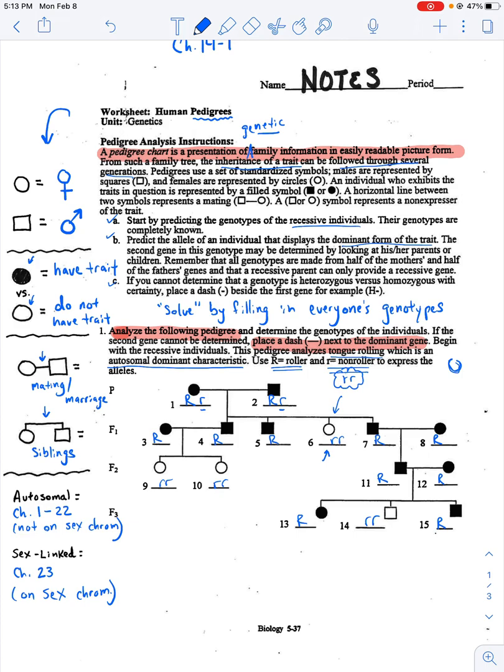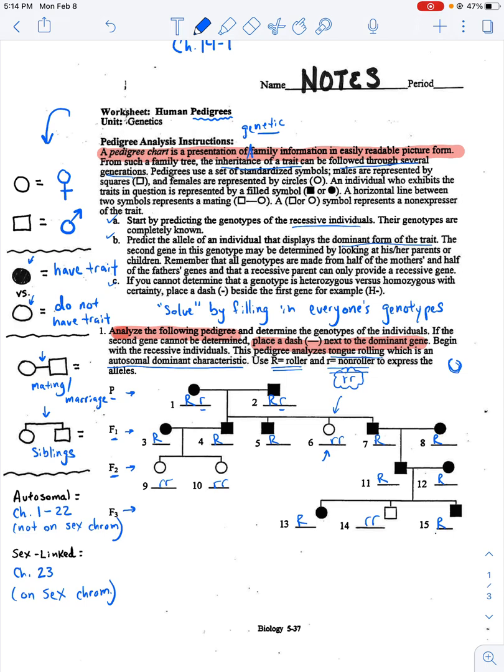I failed to mention, and I'm going to mention it now, that the generations, P, F1, F2, that you're familiar with when we talked about genetics initially are listed off to the left. So these are the parents, these are their offspring, and F2 would be like their grandchildren, and here we even have an F3 generation, which are the great-grandchildren.